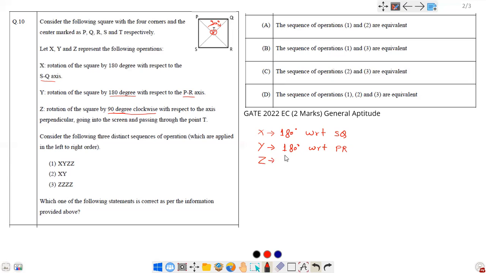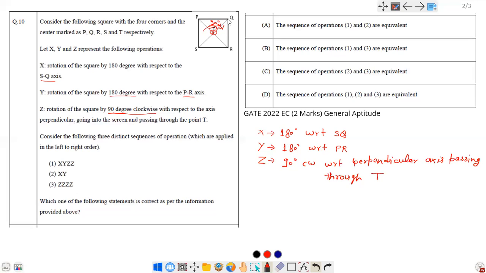So Z is a 90 degree clockwise rotation with respect to the perpendicular axis passing through T. This perpendicular axis is going into the screen and passing through this point T. So we have to rotate in this direction by 90 degrees.